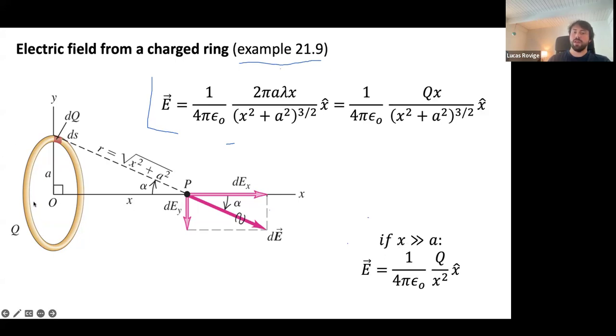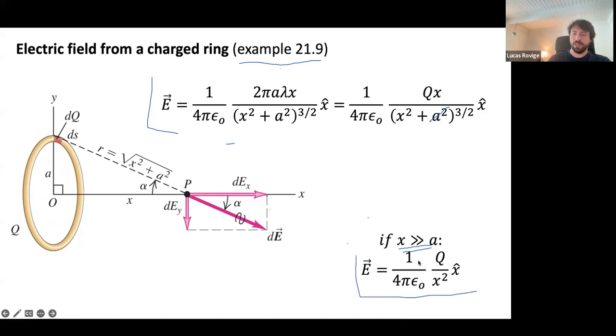So we have a ring, and we consider that we are at a position very far compared to the size of the ring, so an x very large compared to a. We see that this simplifies. Basically, you have x squared to the power 3/2, so x to the power 3, and with an x at the top, just simplify and get x squared. And we get this expression.